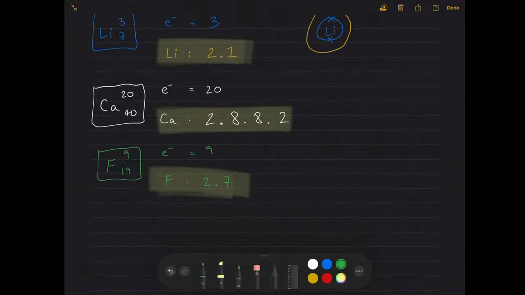In each of these examples, the outer shell, which is the important part, also known as the valence shell, contains electrons that can be involved in bonding.